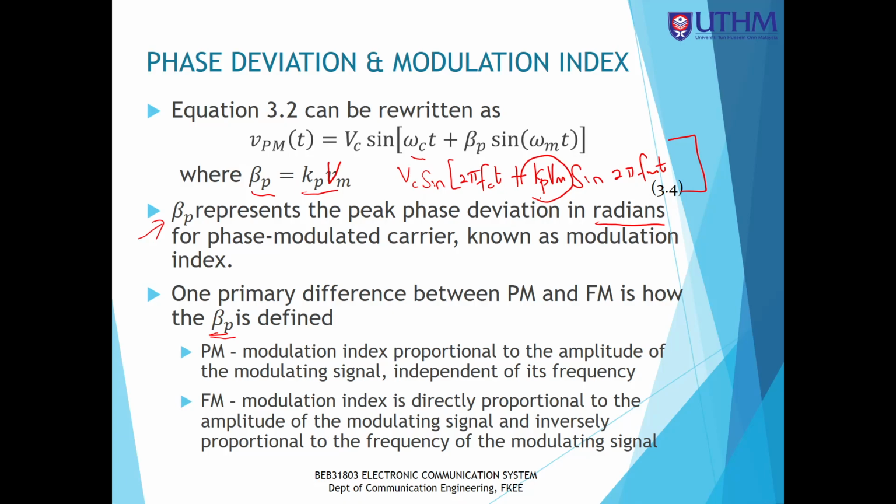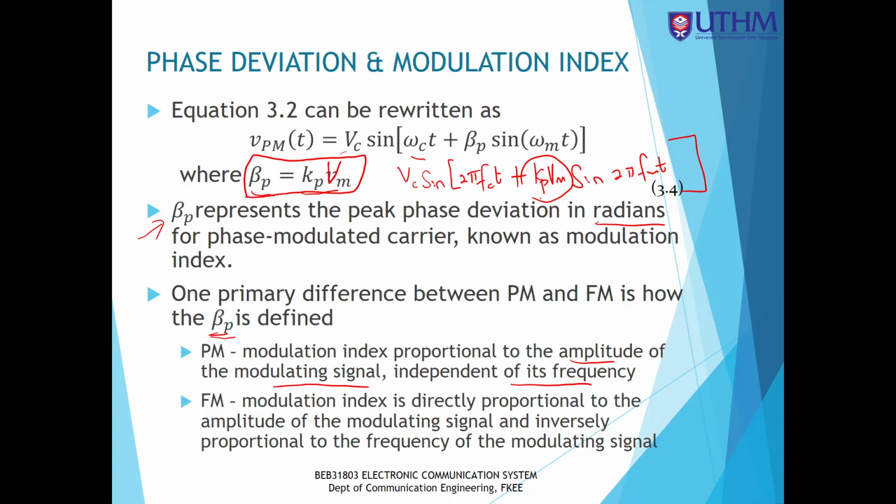For PM, the modulation index is proportional to the amplitude of the modulating signal, independent of its frequency. Beta P is proportional to the peak amplitude of Vm. So the higher the value of Vm, the higher the modulation index for PM, and it does not depend on the frequency of the input message.